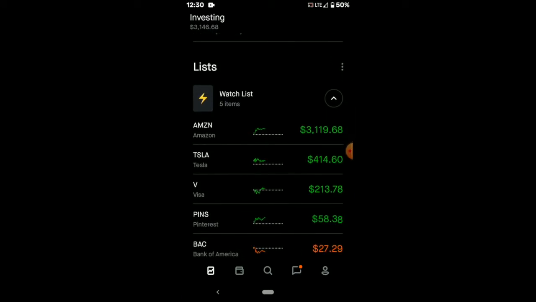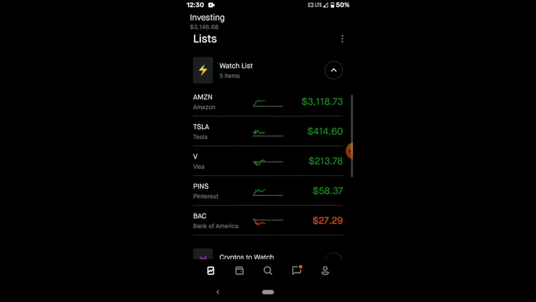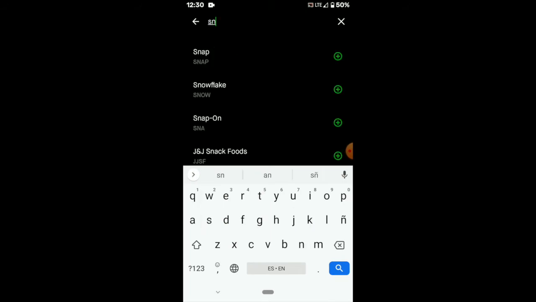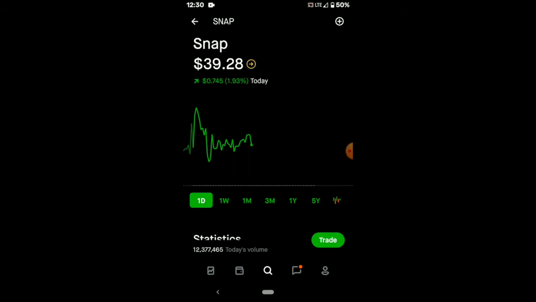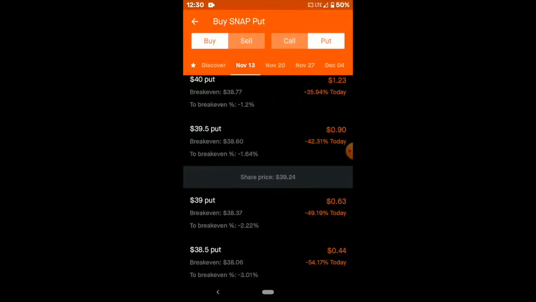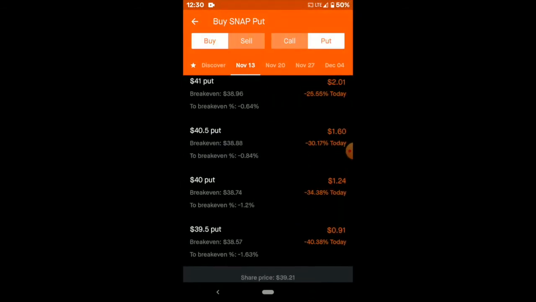A lot of people were wondering how I turned 3K into 50K, and I just wanted to give my simple explanation of how option trading works and how you can get started with only $10. The option that I always recommend to people to get started with is Snapchat, because it has a ton of volatility, and within minutes you can see $10 become $12, $10 become $15.